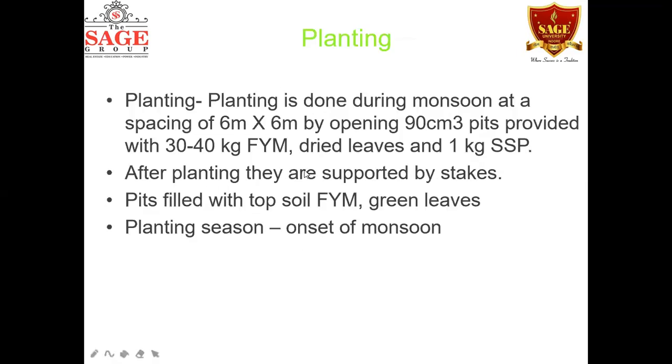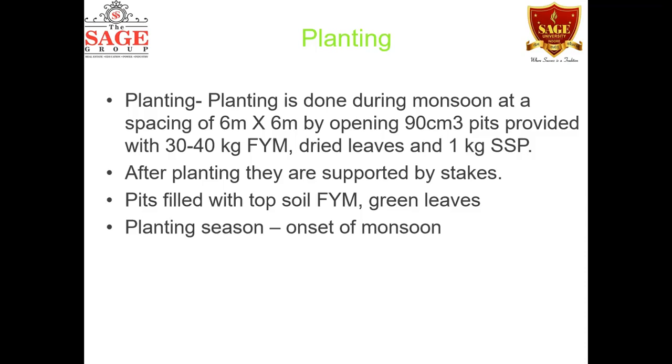Okay, so coming to planting of fruits. Guava you can plant at the onset of monsoon with a proper spacing of 6 meter by 6 meter, opening 90 centimeter cube pits provided with 30 to 40 kilogram of FYM.